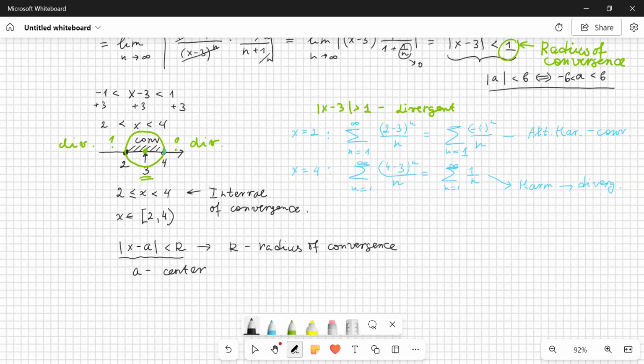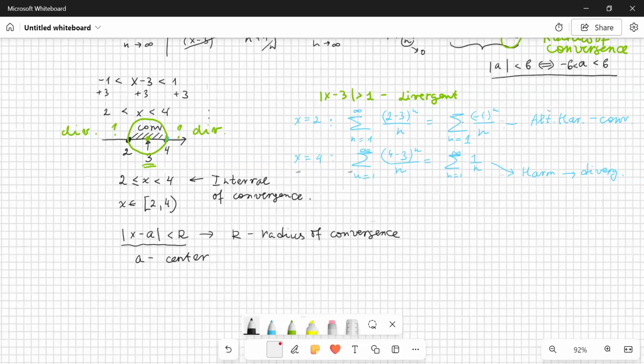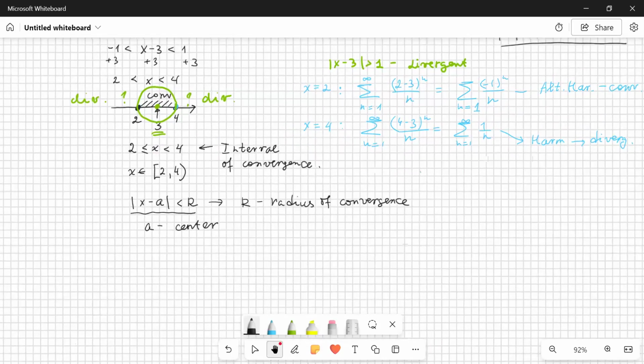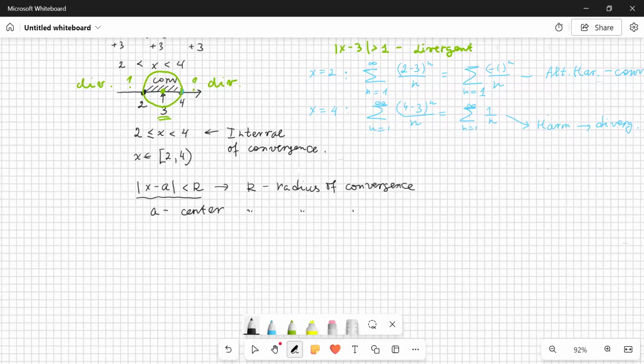Basically, guys, for all power series, we are going to be very interested in the interval of convergence, and we are going to first use the ratio and root tests, and then maybe investigate the ends of the interval. Okay. What other situations can we have when we have power series?